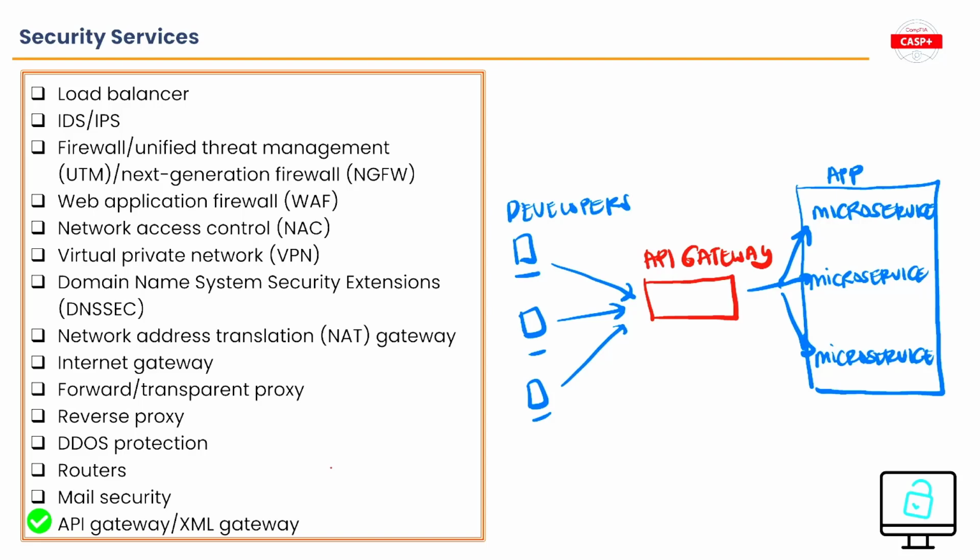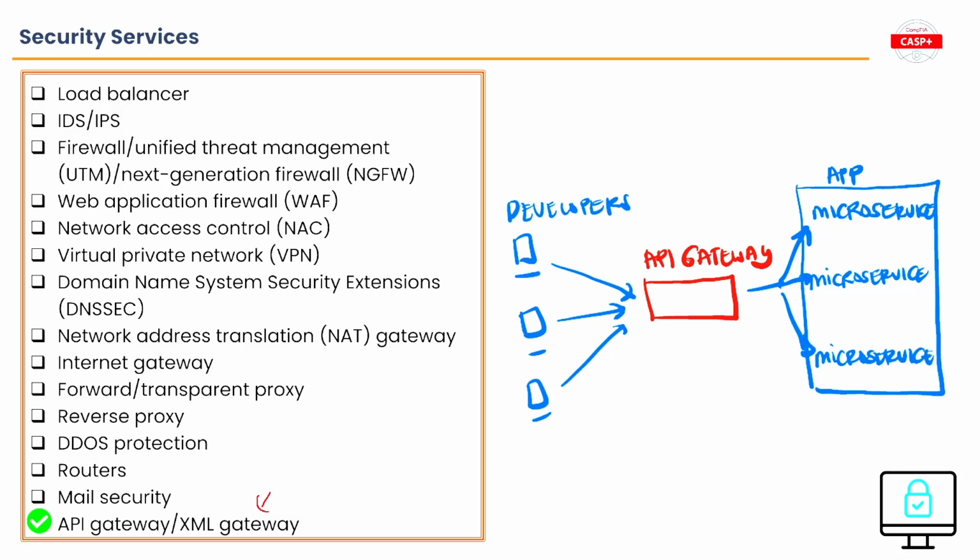It is also able to translate between web protocols and others that are not. Now, what's an XML gateway? A web services platform's DMZ tier that is accessible from the outside is known as an XML gateway. DMZ tiers are typically located between corporate units. All right, that's the security services.